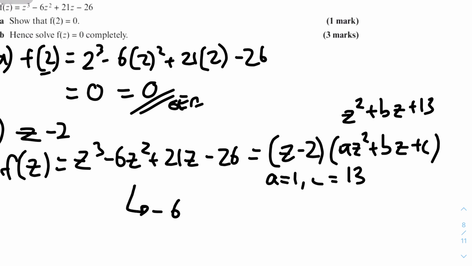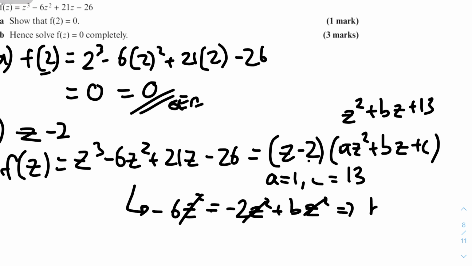Minus 6z squared equals minus 2 times z squared, minus 2z squared, and the second option is z times bz, so plus bz squared. So we can cancel all the z squares out, and therefore we can solve for b, because we can just add 2 to both sides as well. That means it will be minus 6 plus 2, which is minus 4.